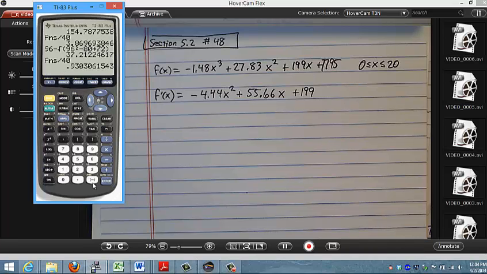So let's see. Negative 4.44. Well, here, let's do this. Let's graph the parabola that is the derivative. So negative 4.44 x squared plus 55.66 x plus 199.